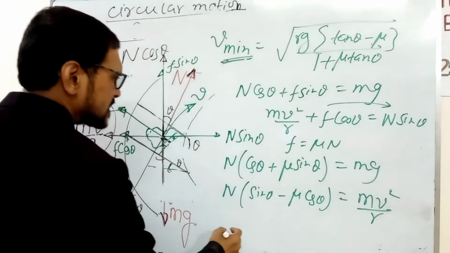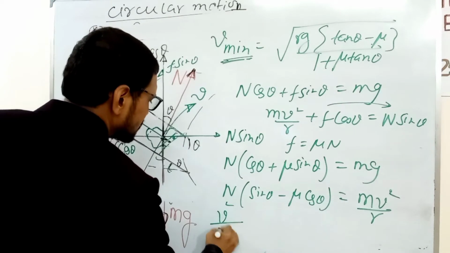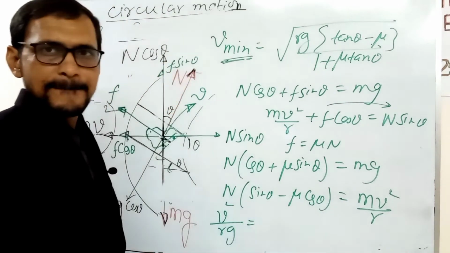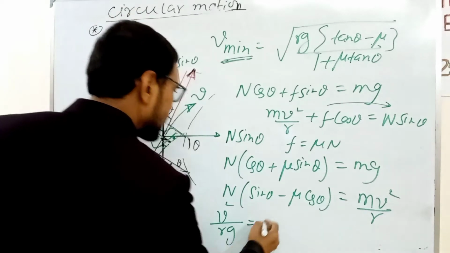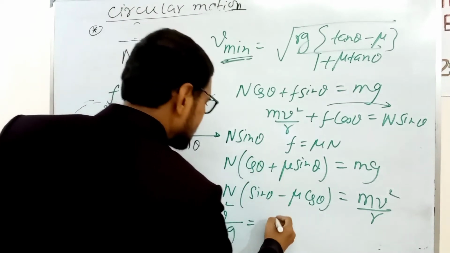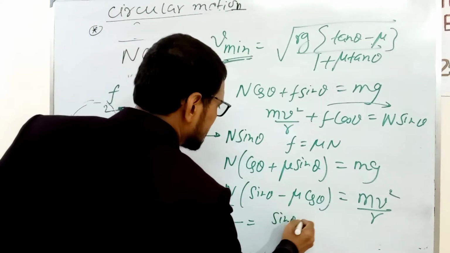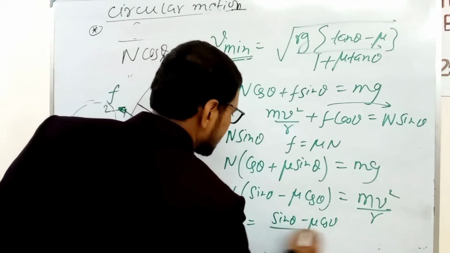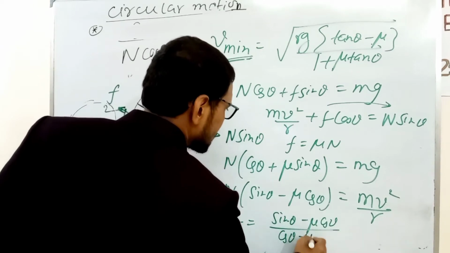If we divide this by this, we get v square by rg equal to sin theta minus mu cos theta by cos theta plus mu sin theta.